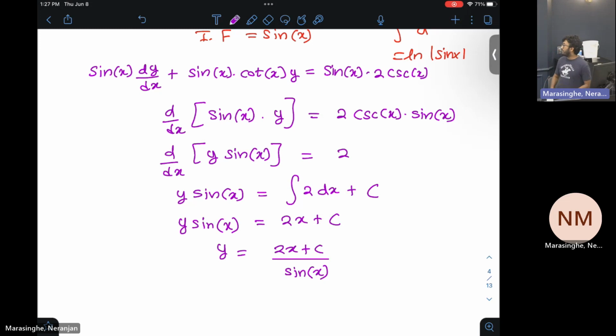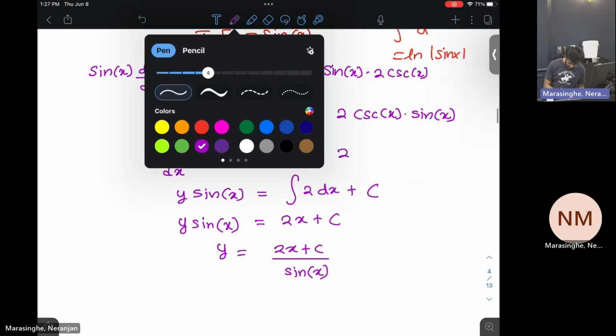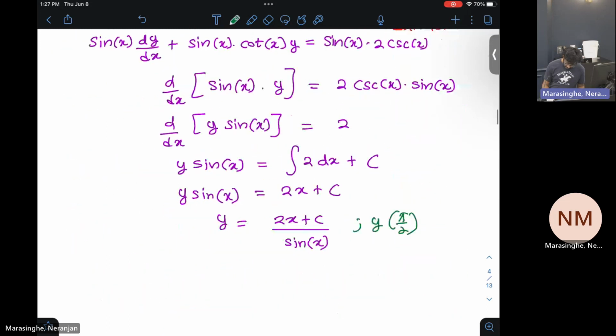Let's try to find the value of c by using the initial condition that was given in the problem. Write down the initial condition. The initial condition is y of pi over 2 is equal to 2 pi.